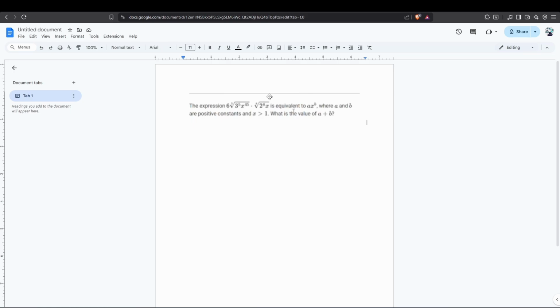It's obviously not the most perfect way of answering the question, but it's an important skill to know, because the SAT doesn't ask you to show your work, it asks you for the correct answer. So without further ado, let's get started.